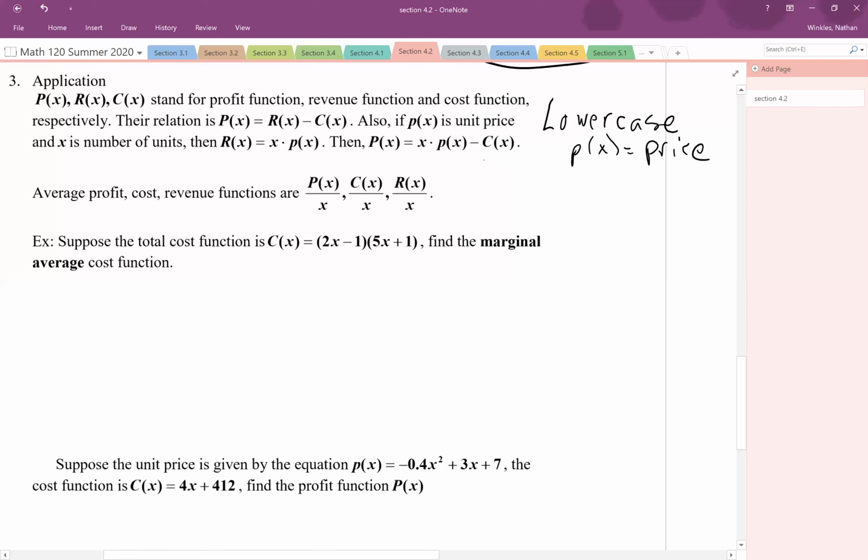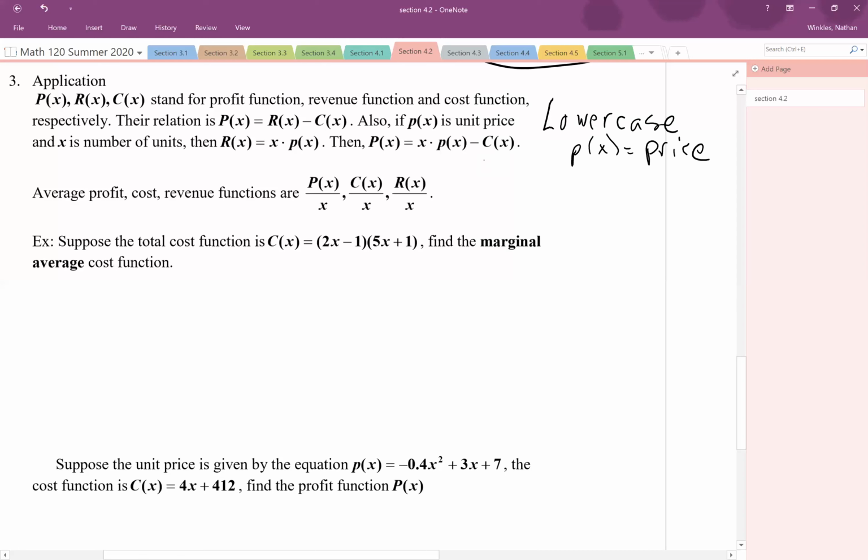The next three types of functions we can be given are our average functions, our average profit, average cost, average revenue functions. We simply find those by dividing our profit, our revenue, and our cost by x. So an example that is given now.